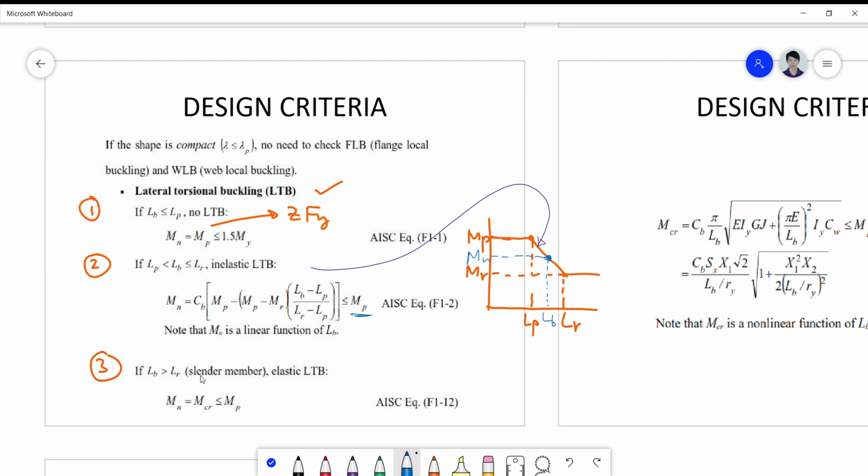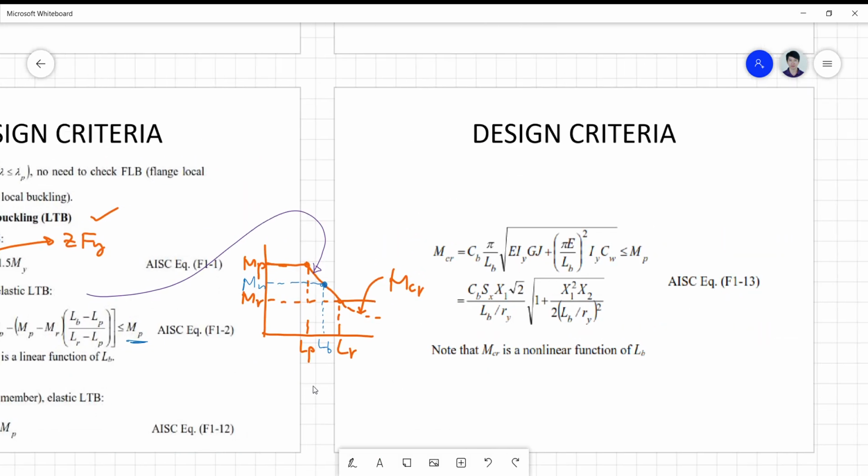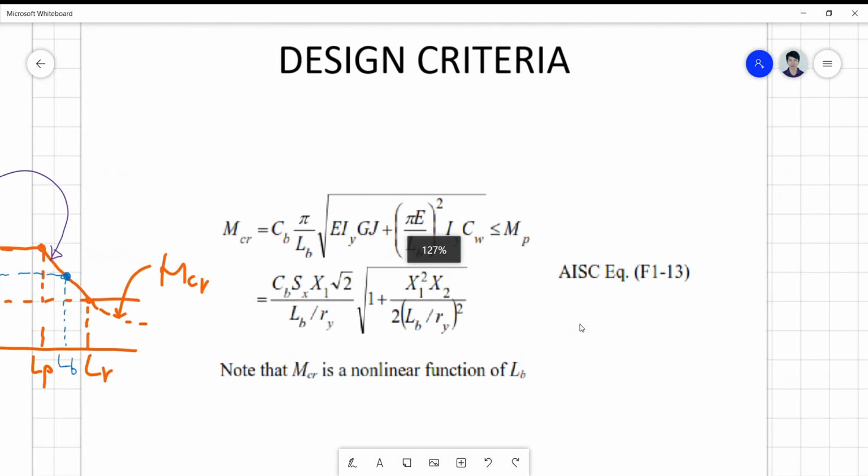So if LB is equal to LR, then we are forced to solve your MN in terms of a critical value, MCR, here. Okay, so this is now your MCR value given in this formula. Medyo mahaba, no?